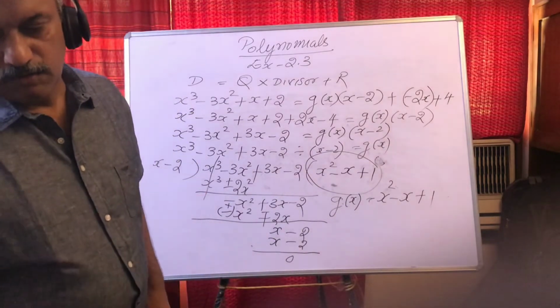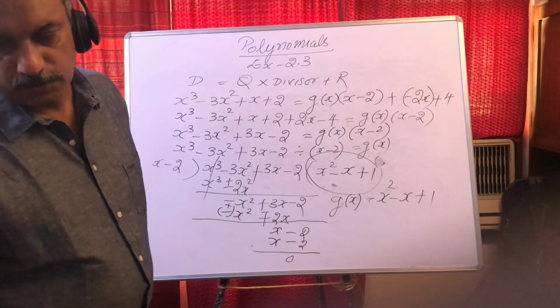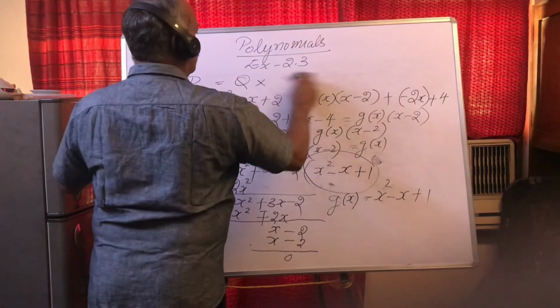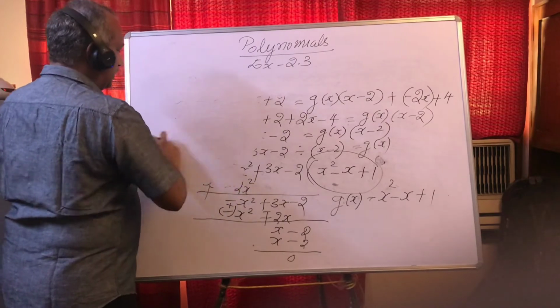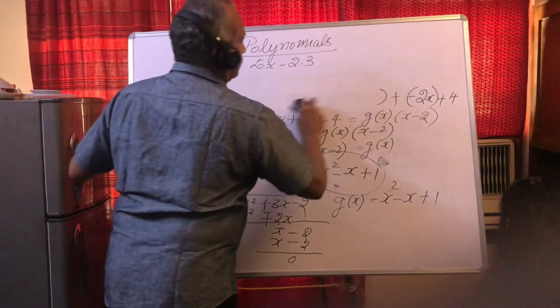Now we'll go to question number 5. Question number 5 is actually oral only. There are infinite answers. You have to choose any one answer.